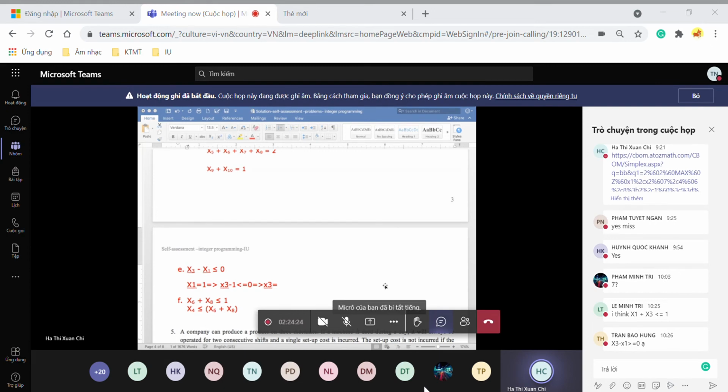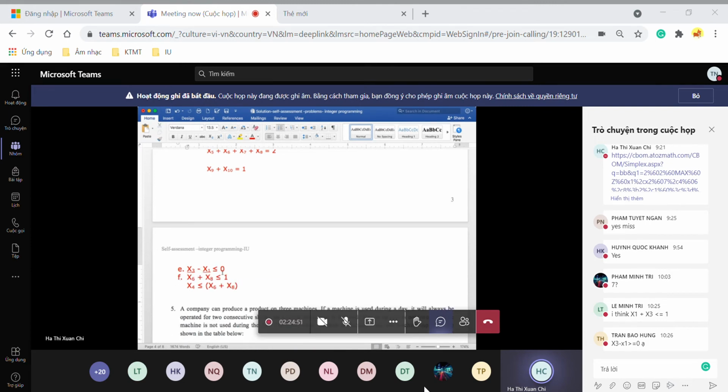So we should have two constraints. It means x1 will be equal to x3, right? If x1 equals 1, x3 should be equal to 1; if 0, it should be equal to 0. So in this case x1 equals x3. Everyone, do you understand this case?